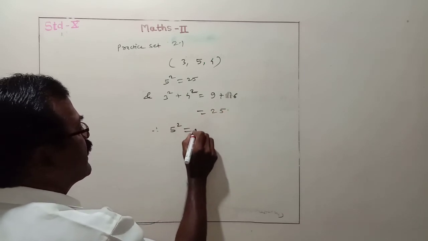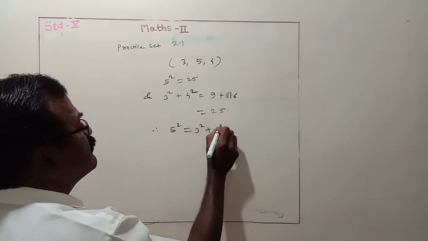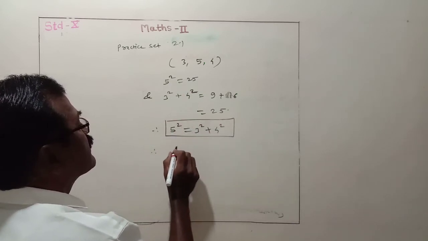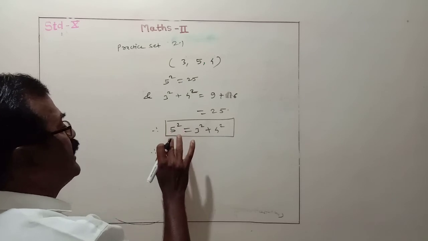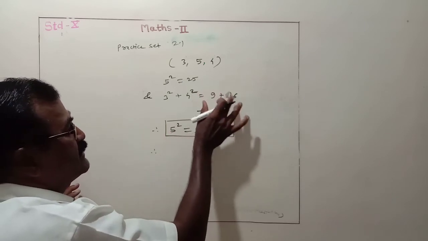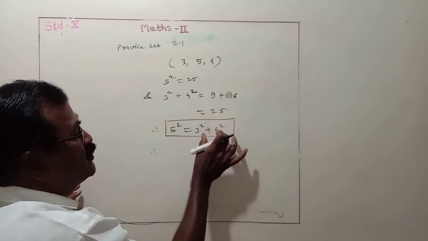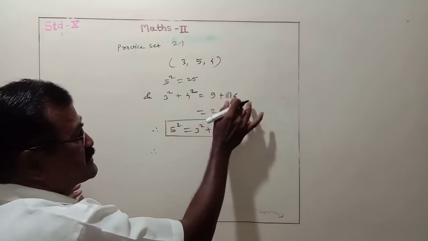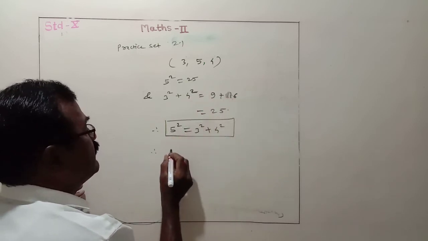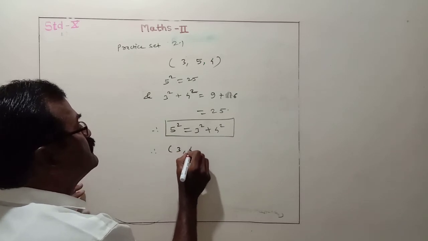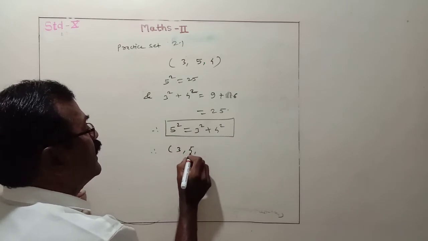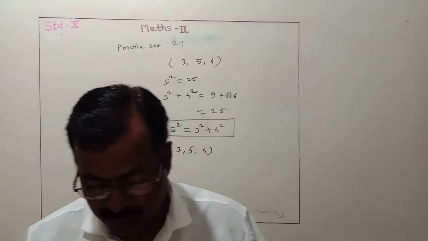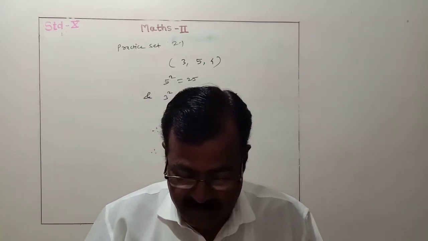Therefore, 5 square is equal to 3 square plus 4 square. Therefore, 3, 5 and 4 are Pythagorean triplets.